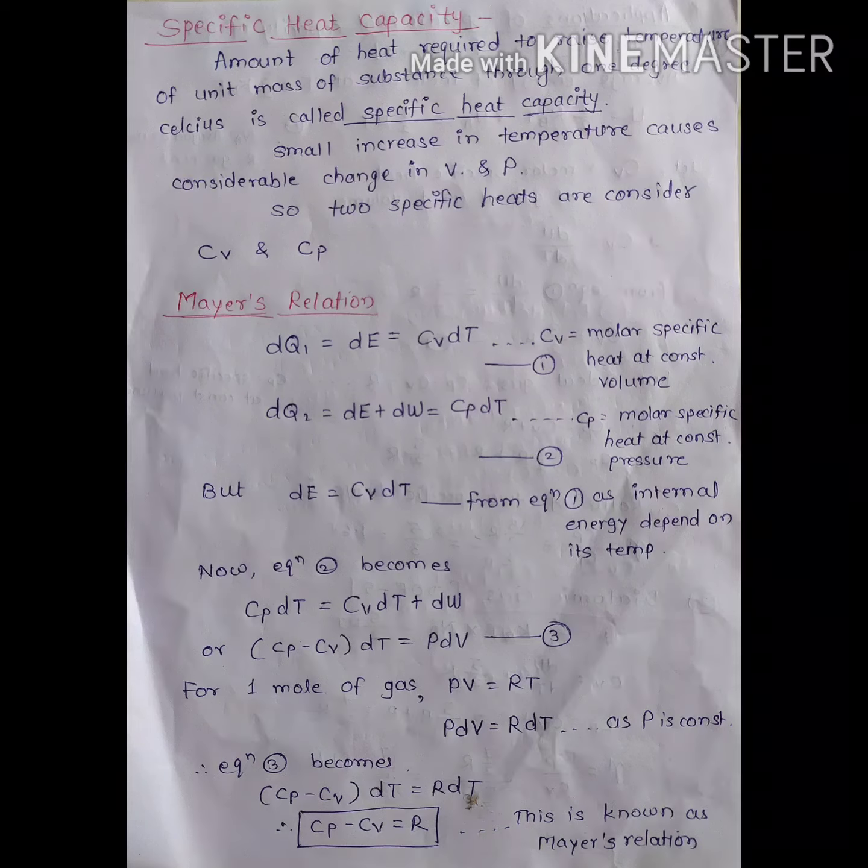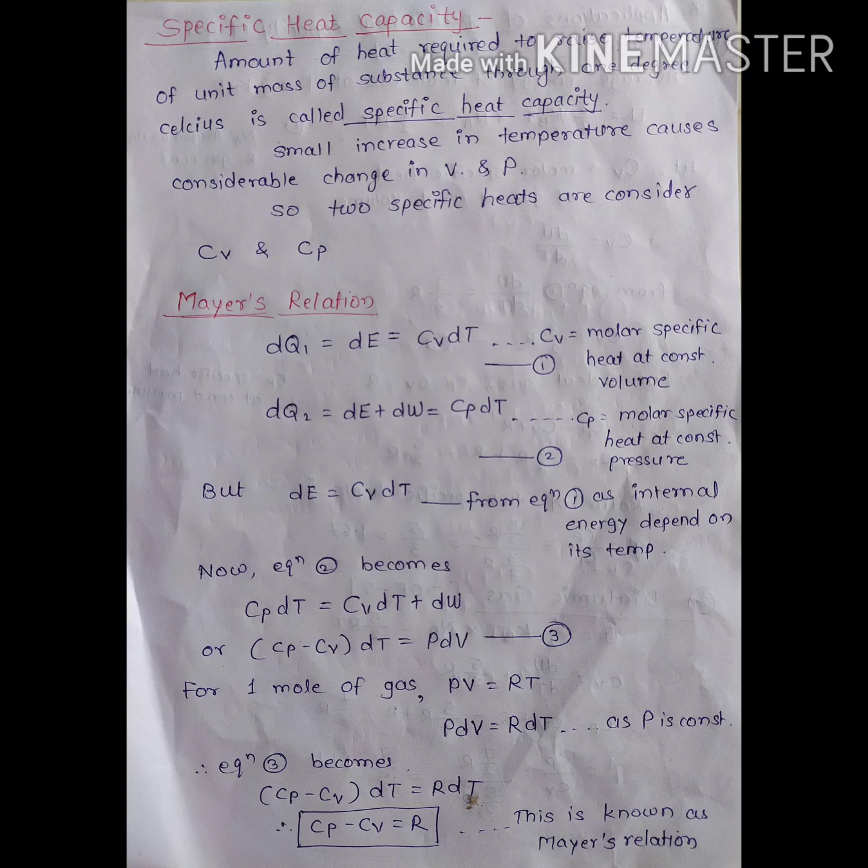Consider 1 mole of an ideal gas that is enclosed in a cylinder by a light frictionless airtight piston. Let capital P, capital V and capital T be the pressure, volume and temperature respectively of the gas enclosed inside.